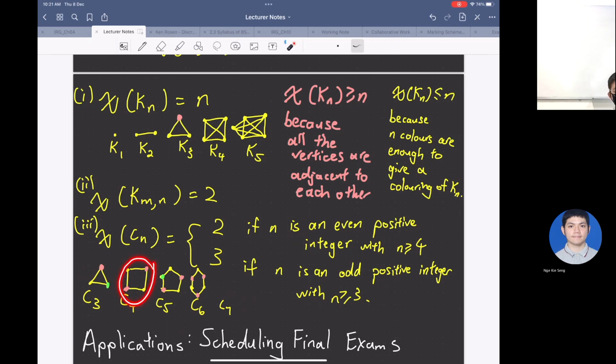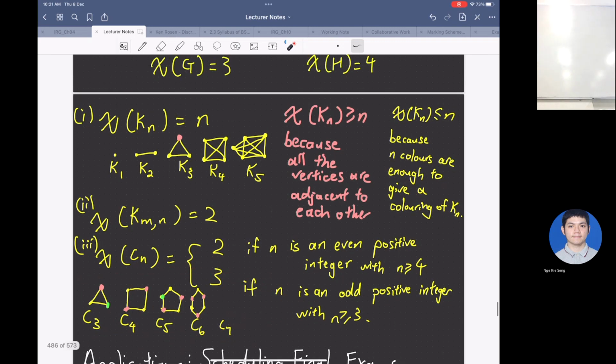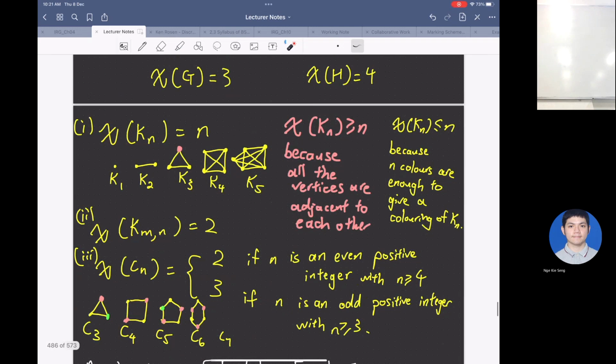But it is okay for even because you can do yellow, red, and so on. From this example, you should work out the general argument why you need 2 for even integers and 3 for odd integers.